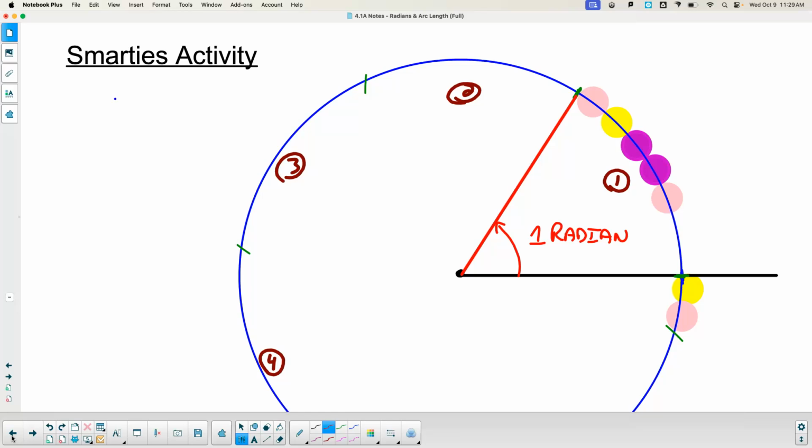Okay? So now I want you to go 4 Smarties wide. So there's the radius of your circle. Draw in a new circle with your compass. Measure out all the way around. Measure out your radians.